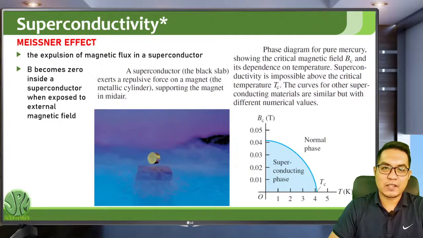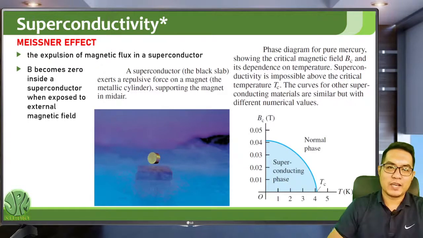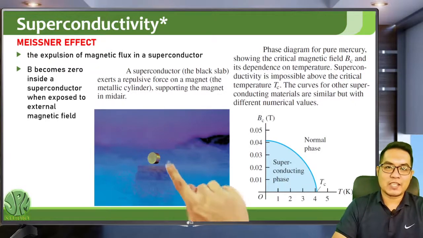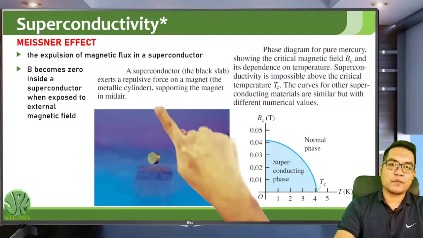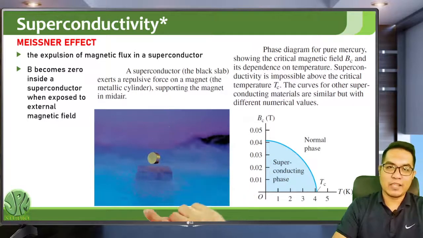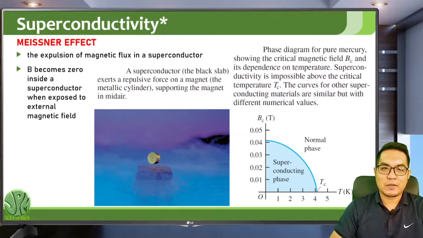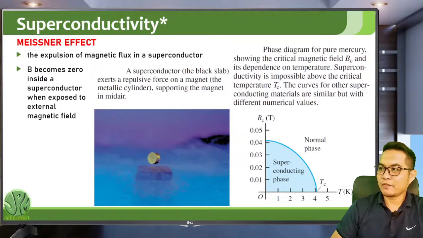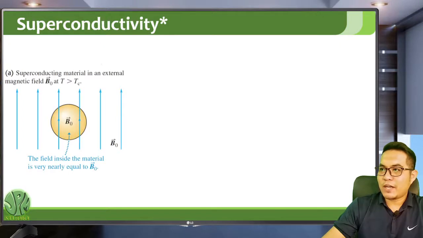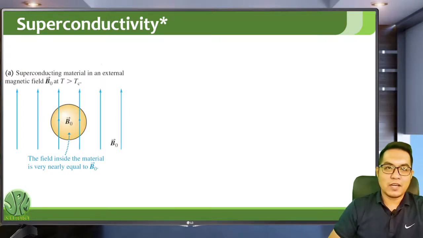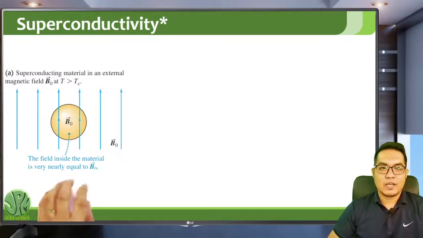That is why it will support the magnet in mid-air. In this case, the upward force due to repulsion and the force due to gravity balance. That is why it's floating there.